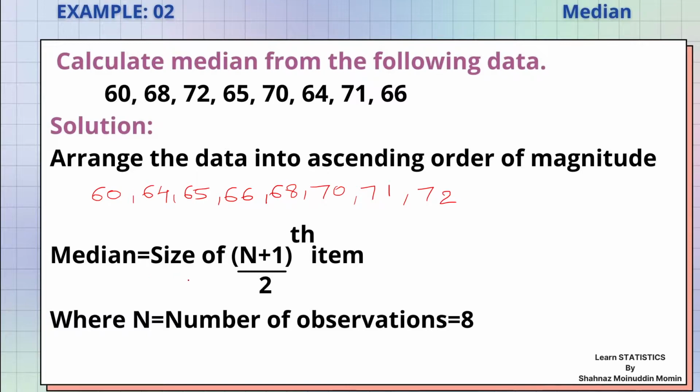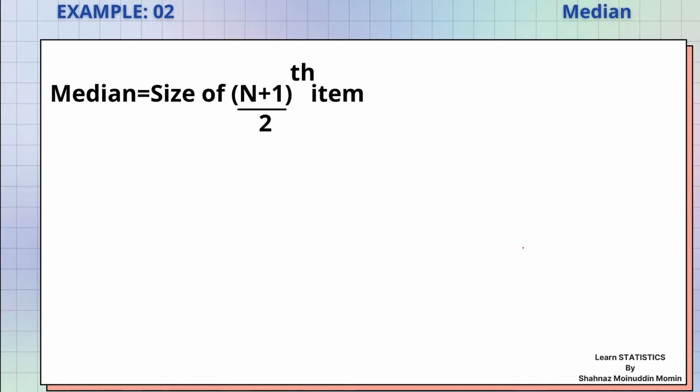Consider the formula for median as median equal to size of (n plus 1) upon 2th atom, where n is the number of observations given. Here we have given 8 observations. See, 1, 2, 3, 4, 5, 6, 7 and 8. Substitute the value of n in the formula.